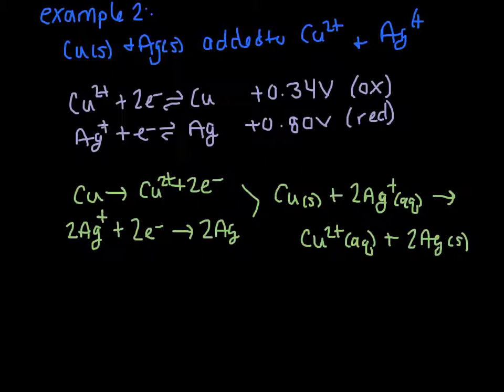The last step that I'd asked you guys to do was to calculate your voltage, or what your EMF would be between your 2 cells. So if we have E cell, silver is being reduced, so I want to use the E value for silver.